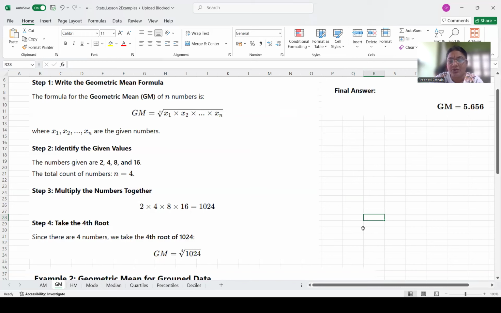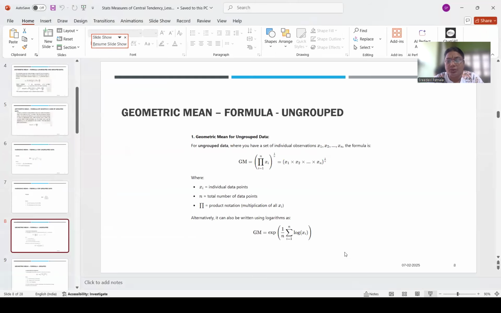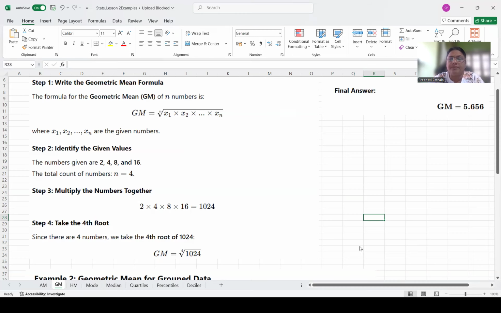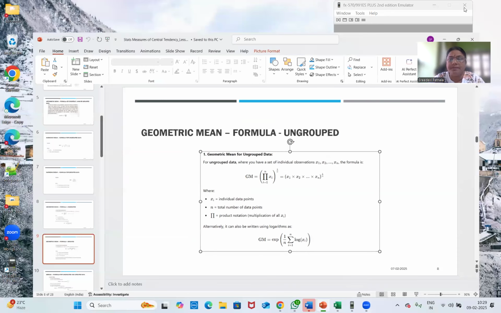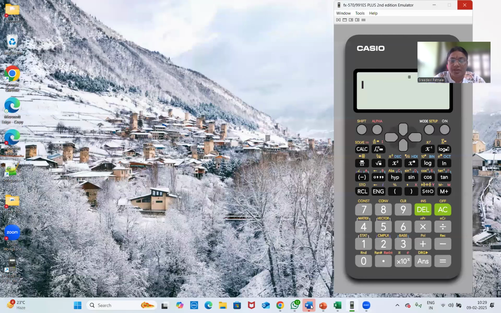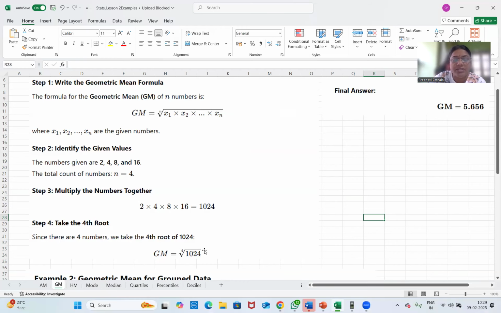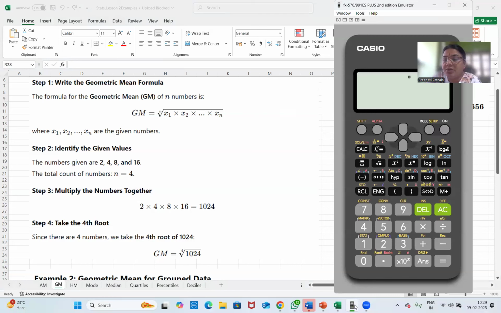Now let's use the calculator, and see how to use the nth root function. So let me explain. Here you have a calculator. According to our geometric mean, we need the fourth root of 1024. So where is our formula, the nth root of a number?